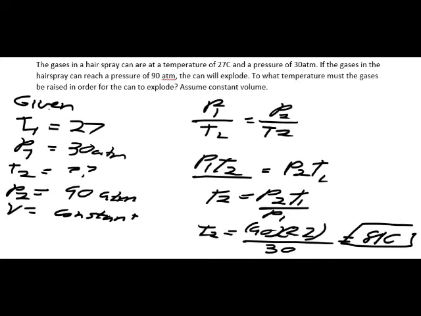Okay, now that we have this, let's try another problem. Maybelline's backup oxygen tank reads 900 millimeters of mercury while on her boat, where the temperature is 120 Celsius.